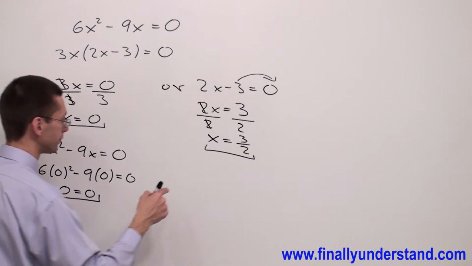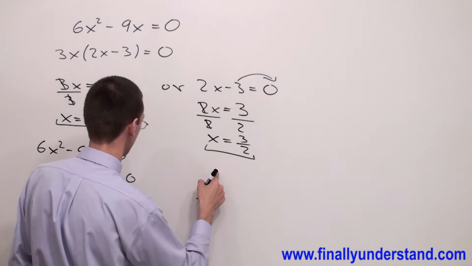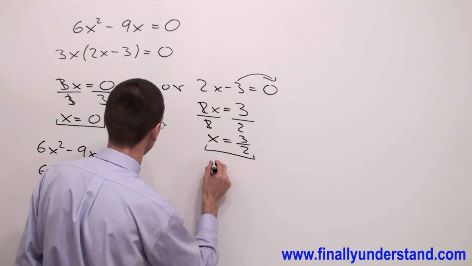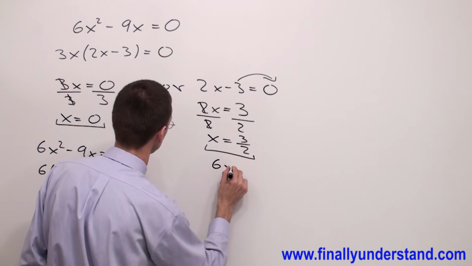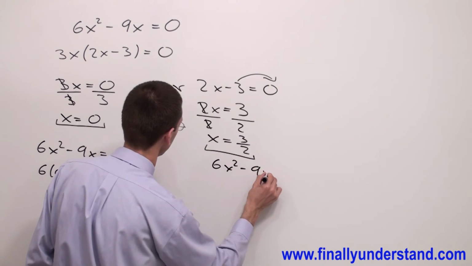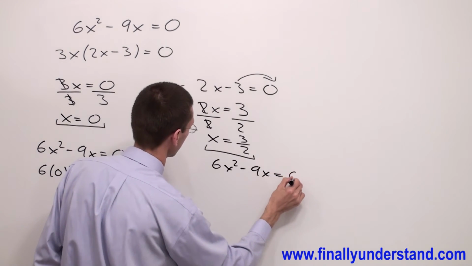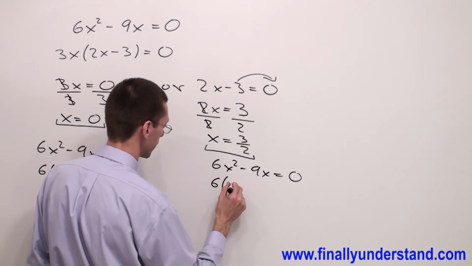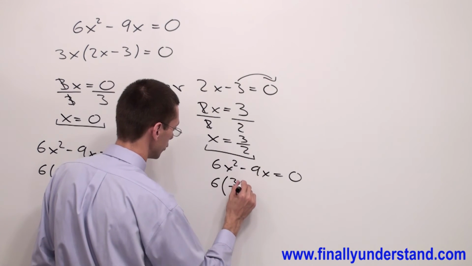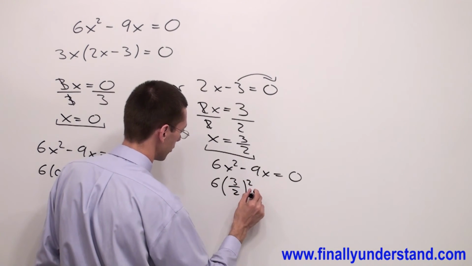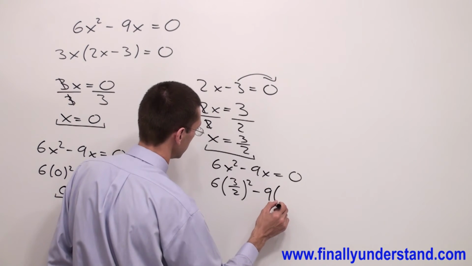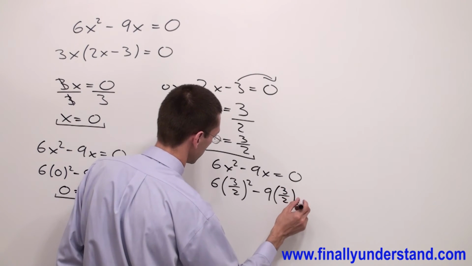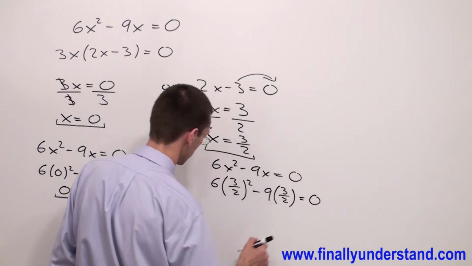Now let's take a look at this answer. Copy down again the original equation. We have 6x squared minus 9x is equal 0. 6 times 3 over 2 to the second power minus 9 times 3 over 2 equals 0.